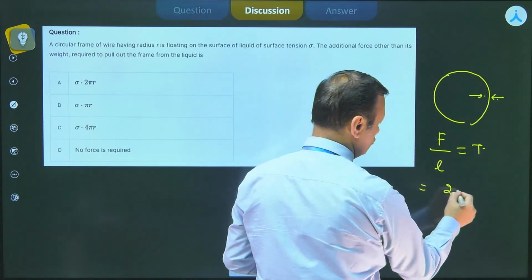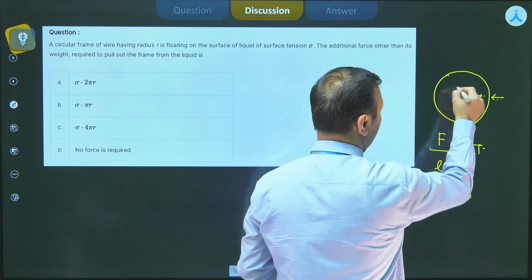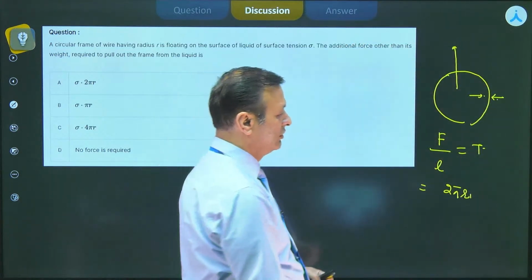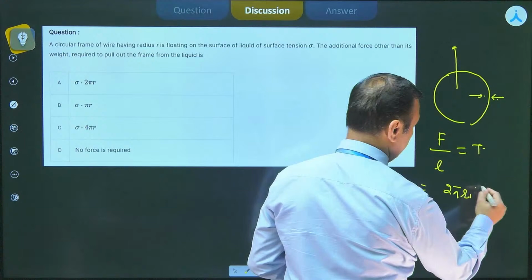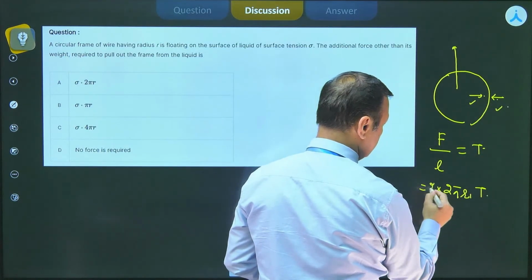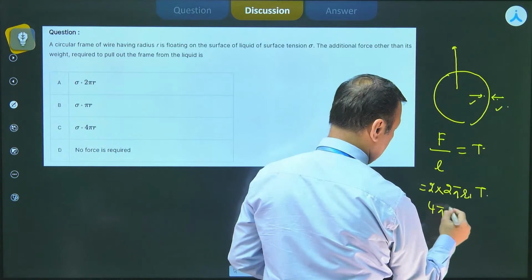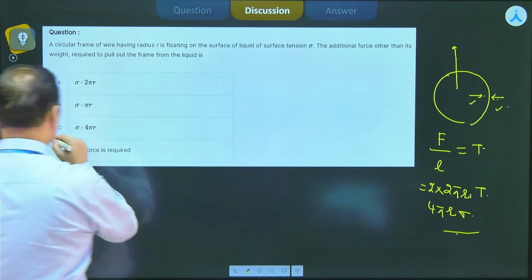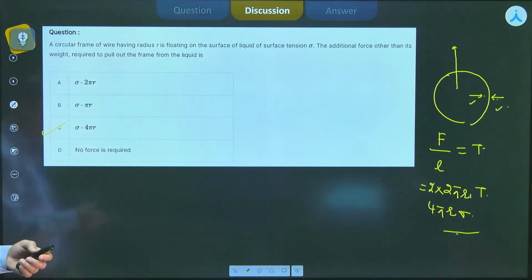The length is 2 pi r, because you have to pull it from the surface of water. The free surface is 2 pi r, but you have two surfaces in contact, so that makes it 4 pi r. Tension is sigma. So option C is the correct option.